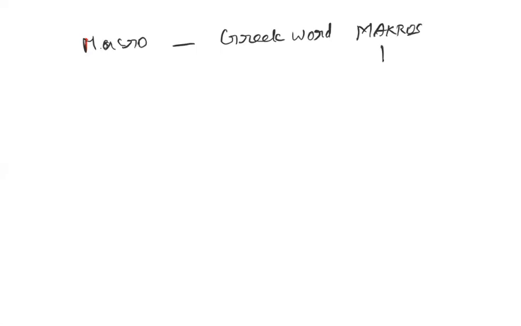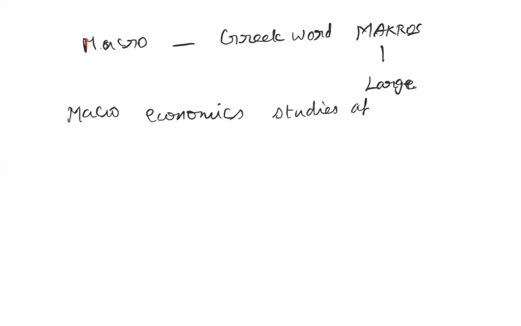This means large. Okay, micro means small, macro means large, or in other words, macroeconomics studies about the economy as a whole. Macroeconomics studies about or analyzes about the economy as a whole.